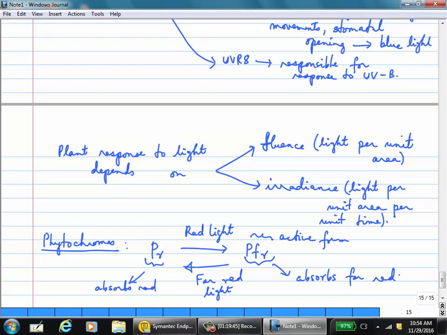And PFR is the active form that is important for germination. Like if you have seeds and you're trying to get them to germinate, if you shine red light, it germinates. If you shine far red light, it doesn't. If you first give it red light, then follow it by far red light, it doesn't germinate. First give far red light, then give red, it germinates. So that book has an interesting discussion of all those different possibilities, and how people came to this conclusion.